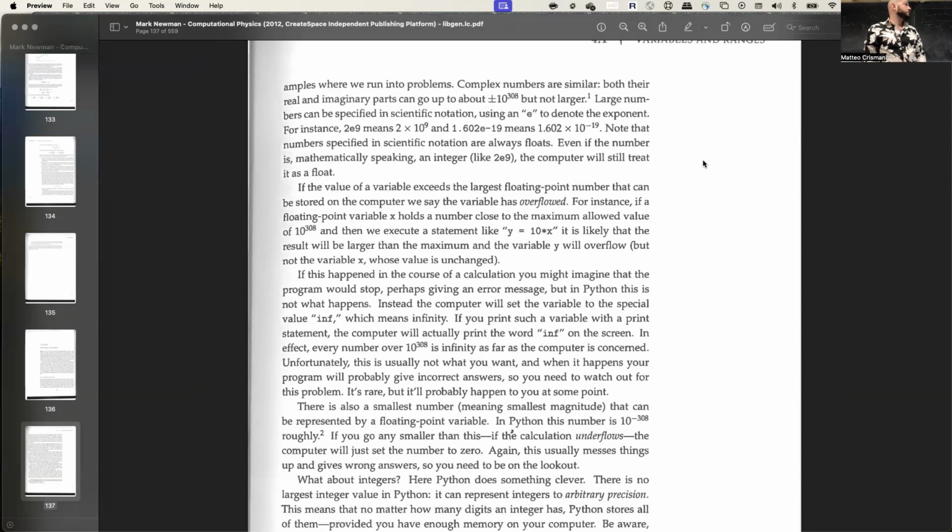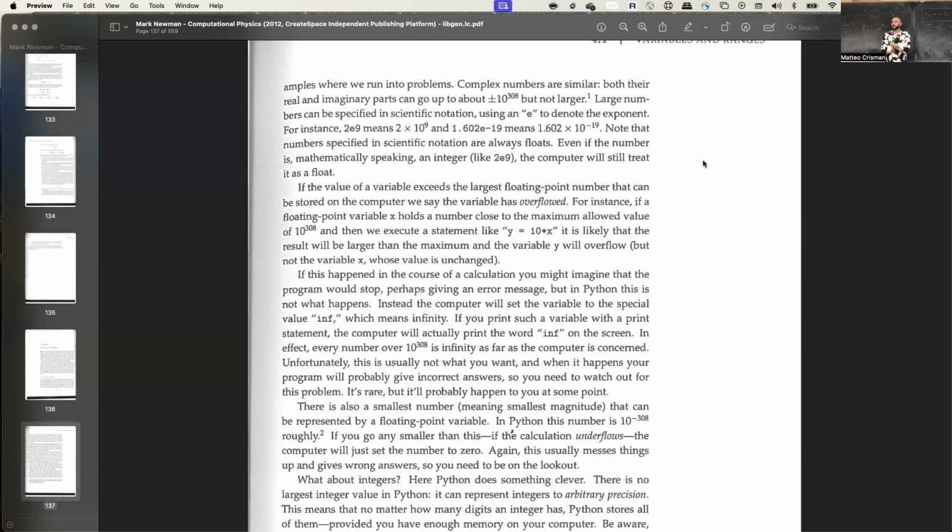Something to know, the scientific notation E is always a float. For floating point, when we exceed 10 to the 308, when we actually exceed that cap, it is said to overflow. And if we drop below 10 to the negative 308, it is said to underflow. But what happens when we actually go beyond these limits in Python?